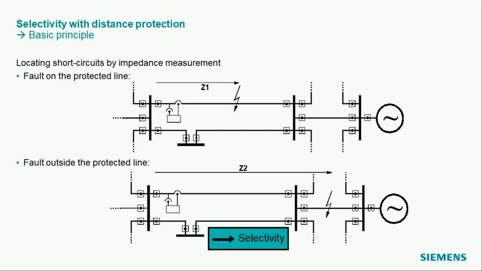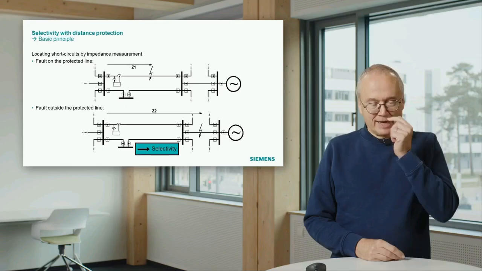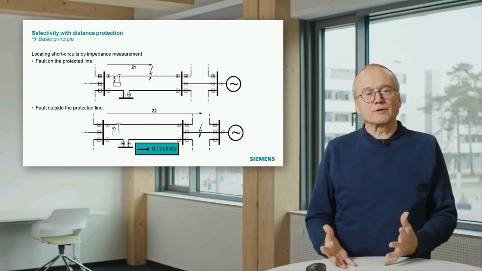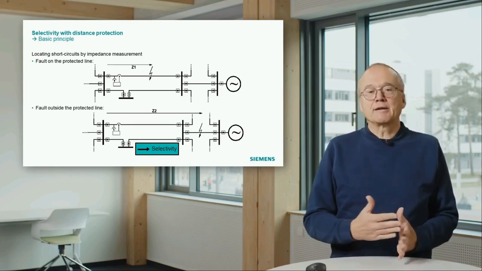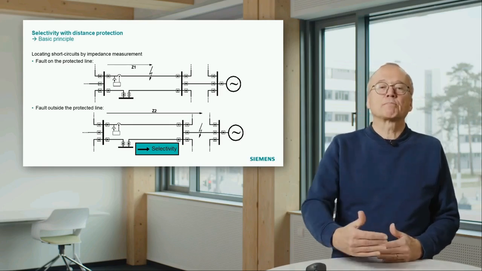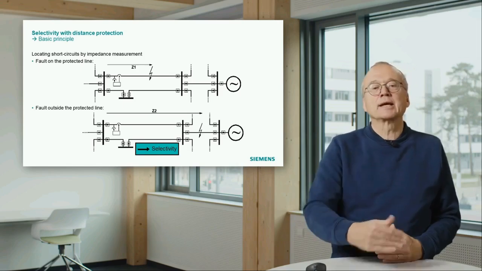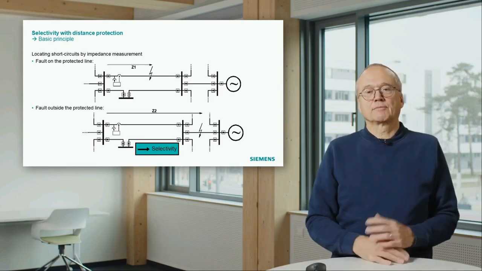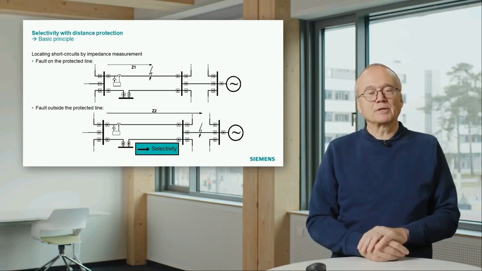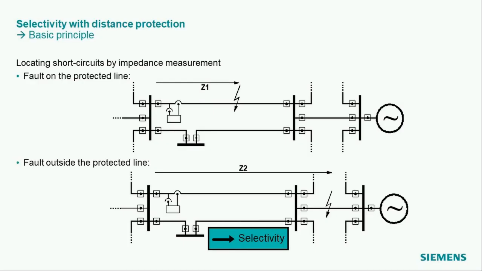This protection relay measures permanently the impedance into the line, and if there is a fault on the line, it measures the impedance of the piece of line from the relay to the fault. That means if it measures this low impedance, it knows there is a fault on the line.